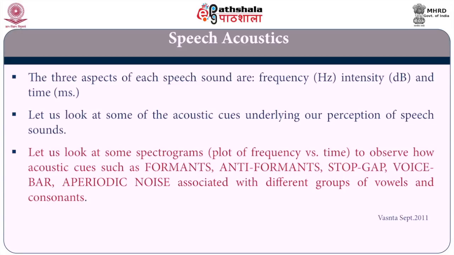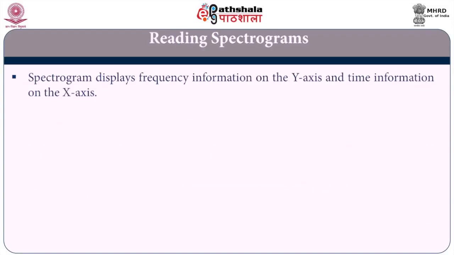I have already pointed out that a spectrogram is a plot of frequency versus time to observe how acoustic cues such as formants, antiformants, stop gap, voice bar, aperiodic noise look. So, a spectrogram displays the frequency information on the y-axis and time information on the x-axis.